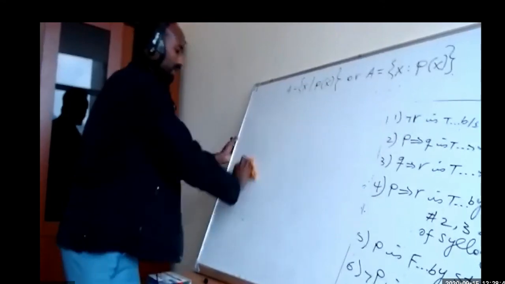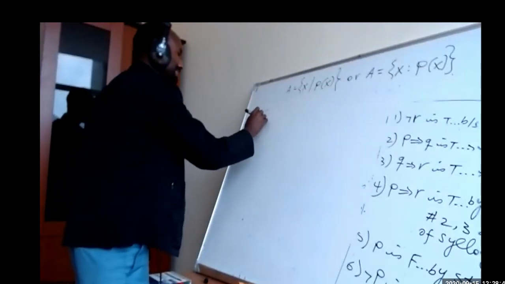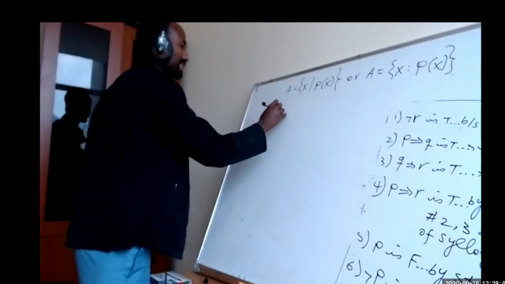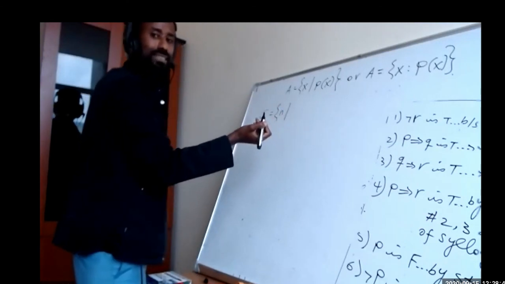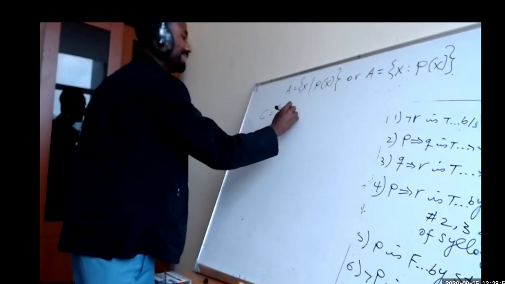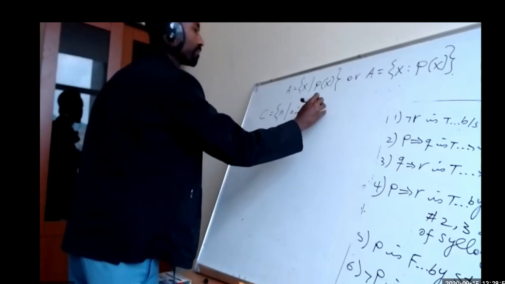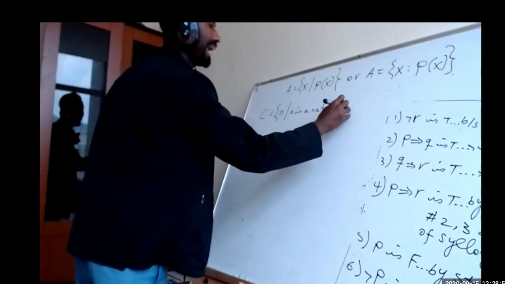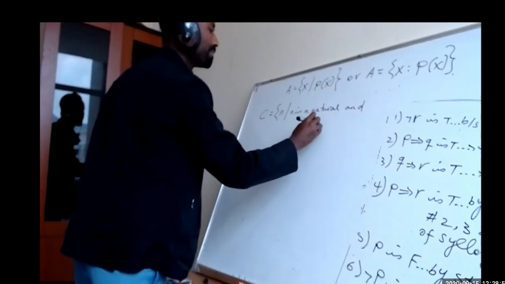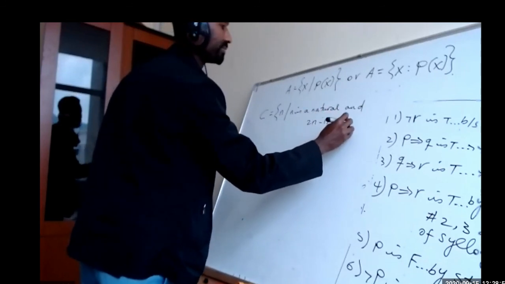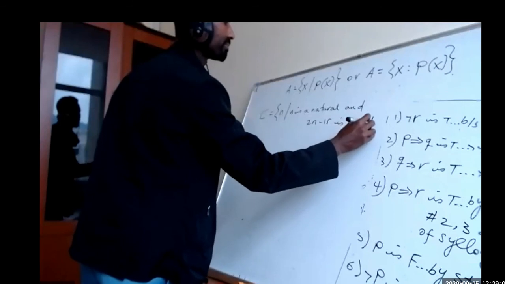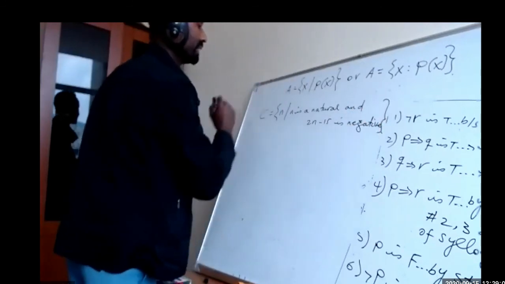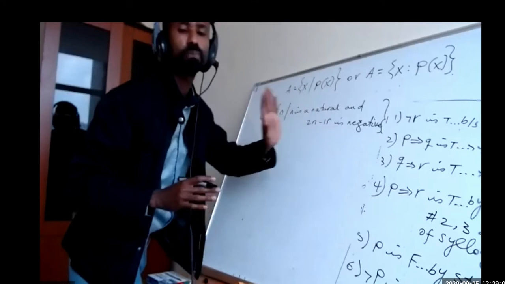Let set C be expressed as the set of all n such that n is a natural number and 2n minus 15 is negative. So which n makes this property true?